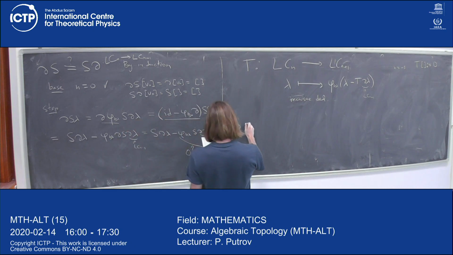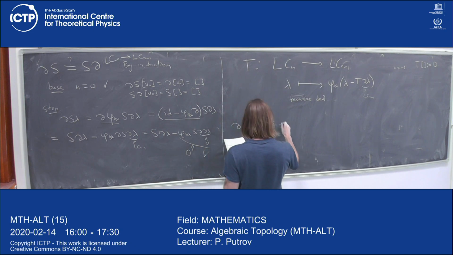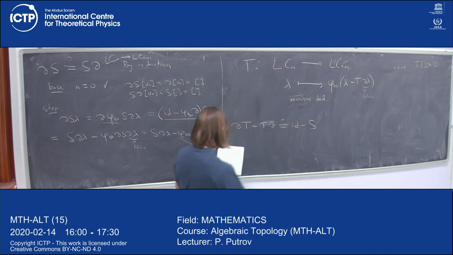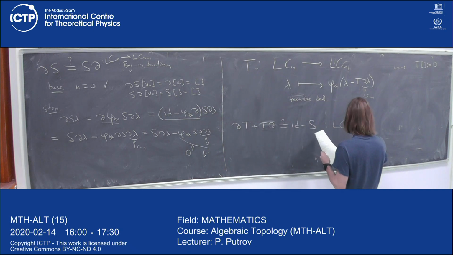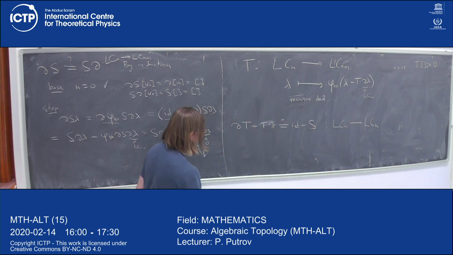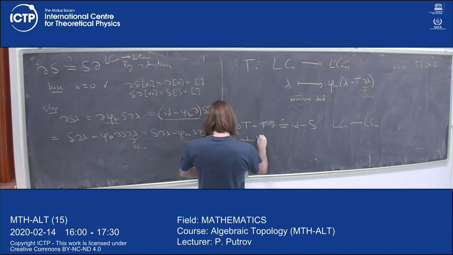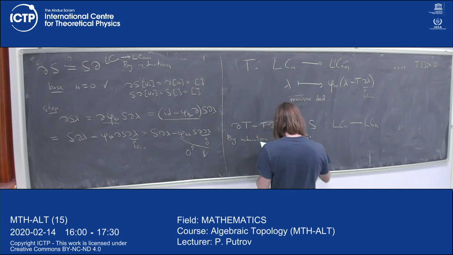And for t, I want to check the following property. This is a property between homomorphisms from LC n to LC n. Again, we'll do it by induction. Okay, so base n equals -1.